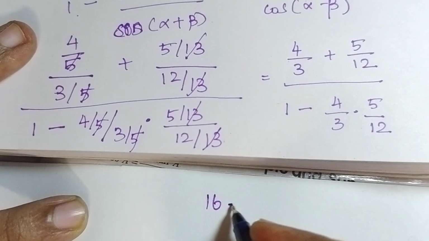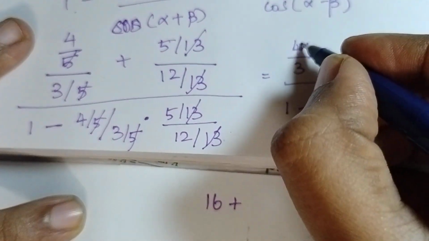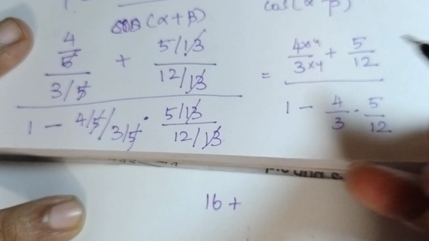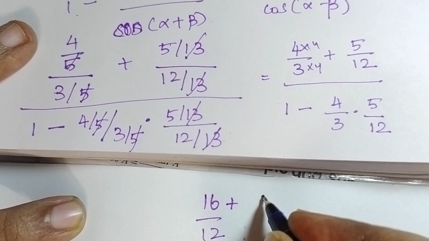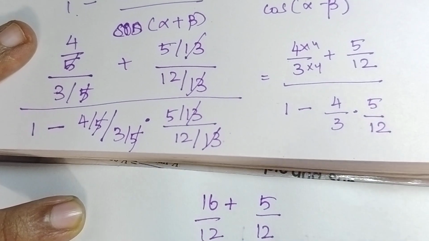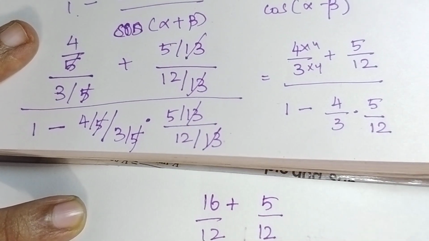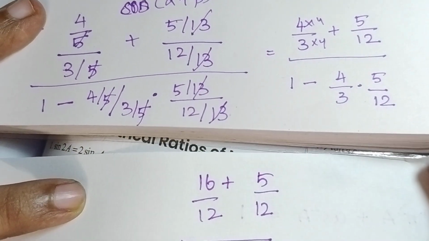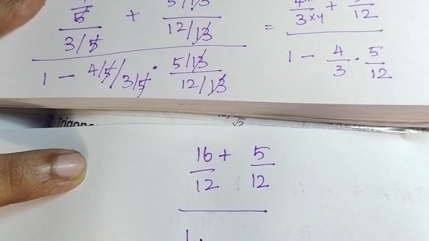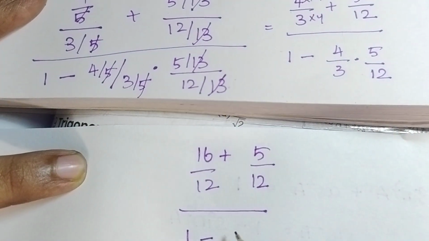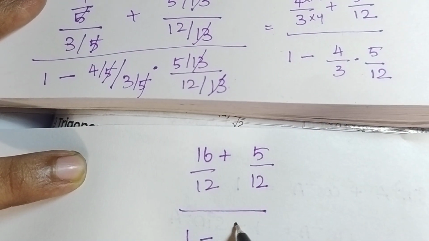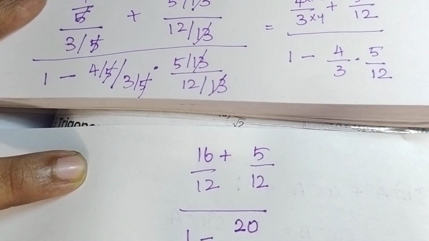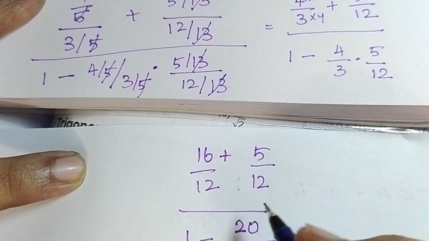Then 16 by 12 plus 5 by 12, divided by 1 minus 4 into 5 is 20 divided by 3 into 12 is 36.